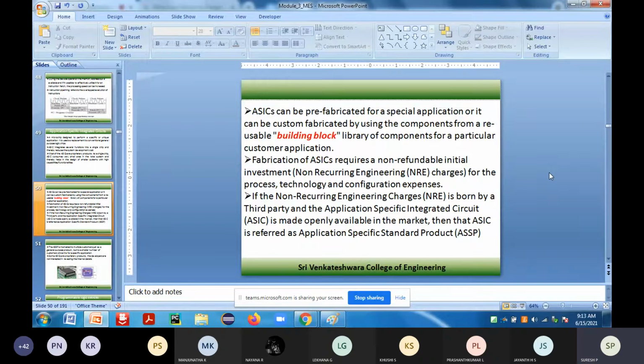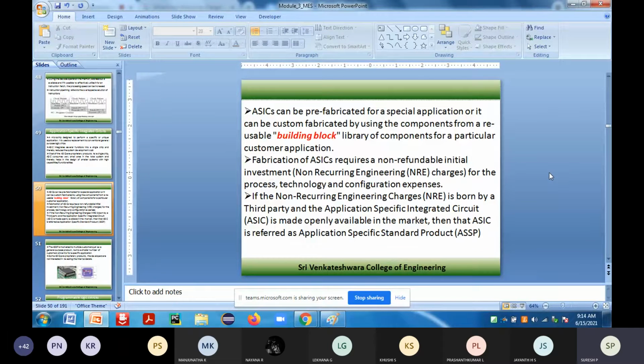Now, once all the research has gone through and it is made available in the market, then that particular type of application specific integrated circuit is called an application specific standard product.